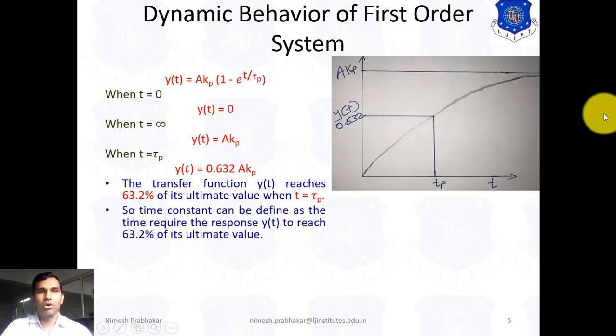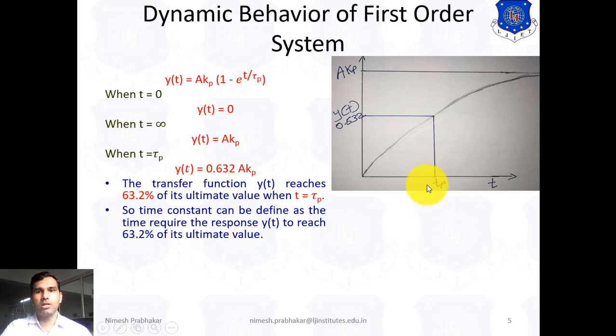Now, the time constant can be defined as the time required for y of t to reach 63.2% of its ultimate value. That means this is the importance of the time constant in any system.